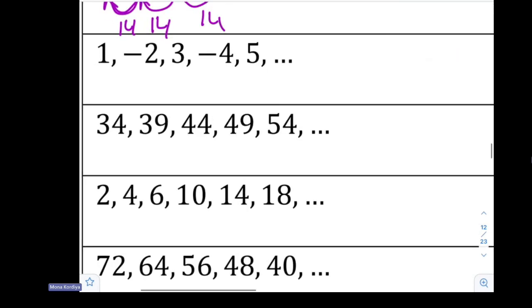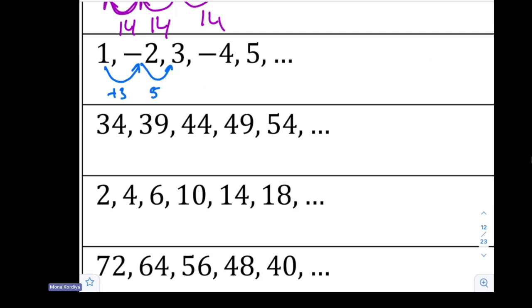Let's check number 2. The difference here is negative 3. If you subtract, minus 2 minus 1 is minus 3. So it's negative 3. And 3 minus minus 2 is 5. So here you are adding 3, but here you are adding 5.